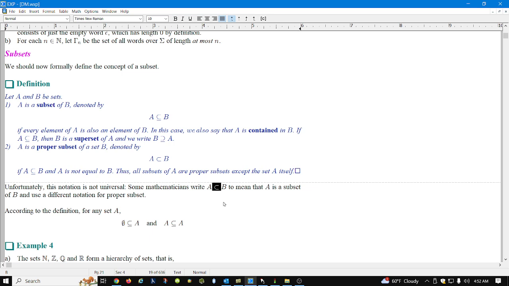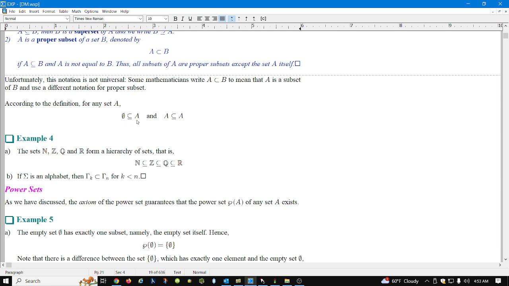And then we'll have to use a different notation for proper subset. But not to worry about that. We'll stick with our notation, except it's important to know this because if you read other books and you see this symbol, you'll have to check and make sure you understand what the author means by it, subset or proper subset.